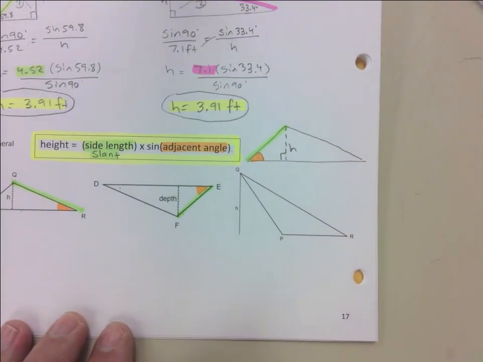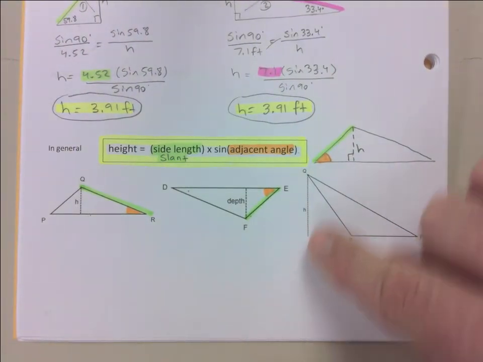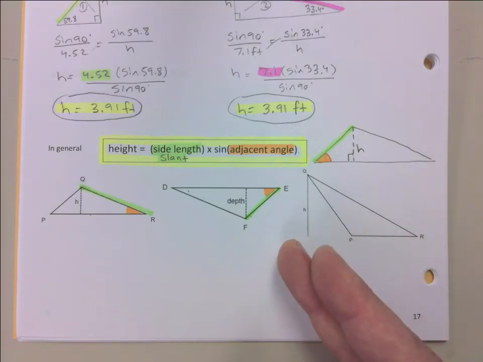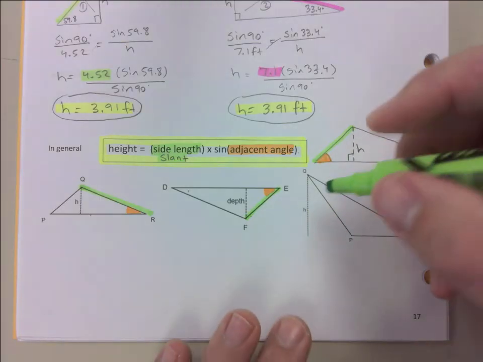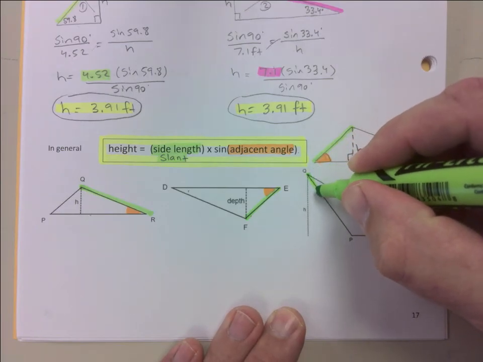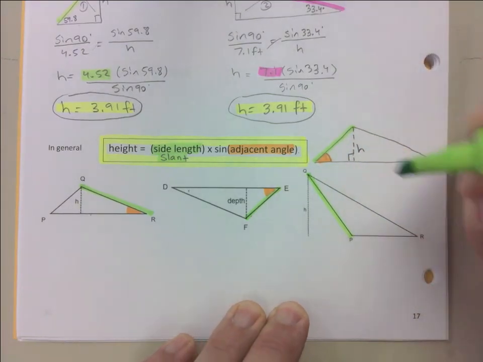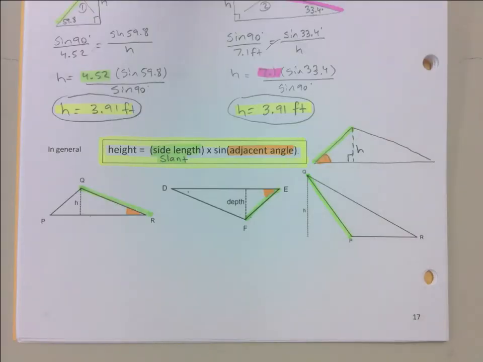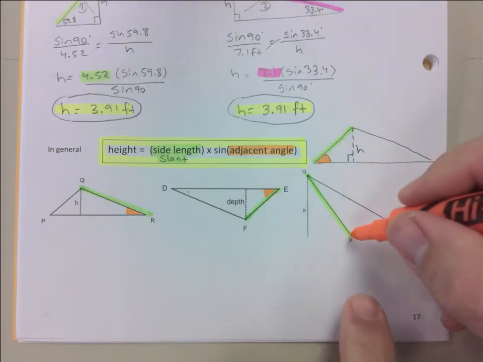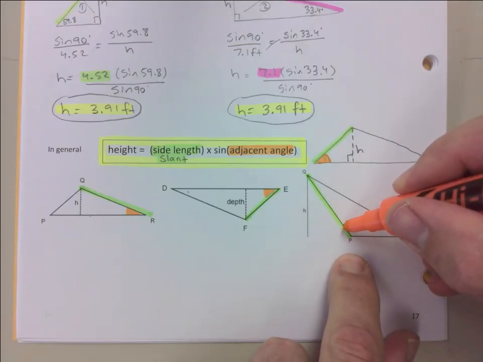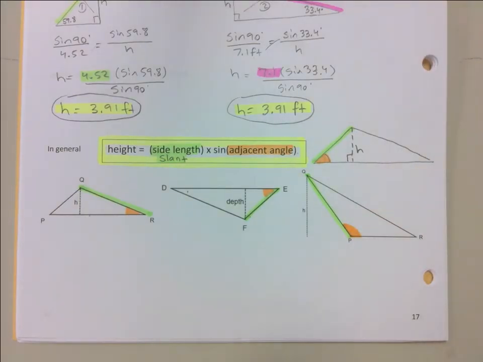And this one, where is the height on this one? It's outside of the triangle, correct? Don't worry, you still do the same. This is the slant. Where would the angle be that's touching angle P in this case? It's actually this one. And I know right now you're like, what? How does that work?